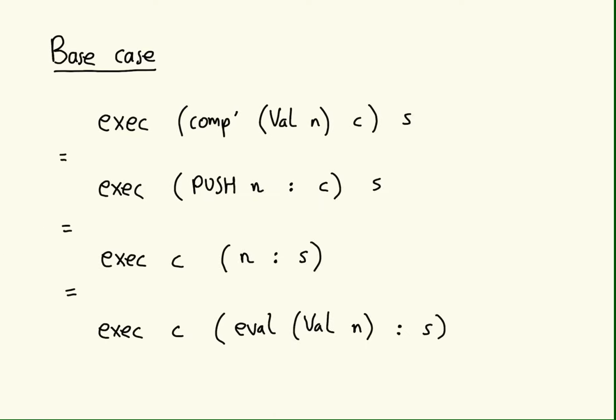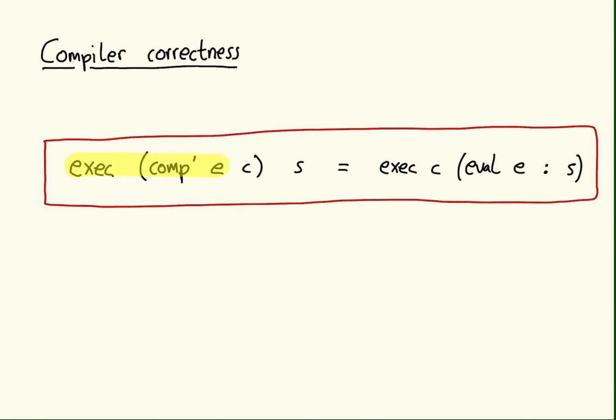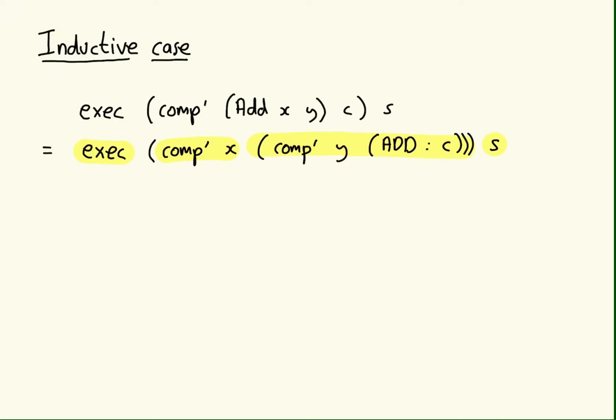And that's exactly the form of the left-hand side of the compiler correctness equation when the expression E is actually x. So we have got execute the result of compiling prime the expression x, then we've got some code C following on afterwards in an initial stack S. So by induction, we're allowed to assume that that's the same as this, in the case when the expression E is actually the expression x.